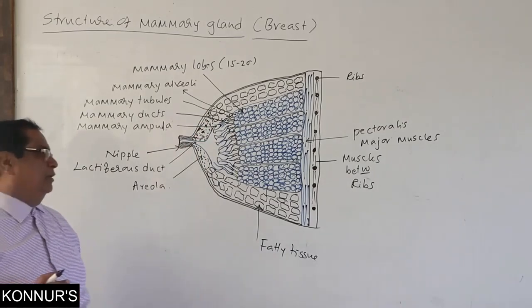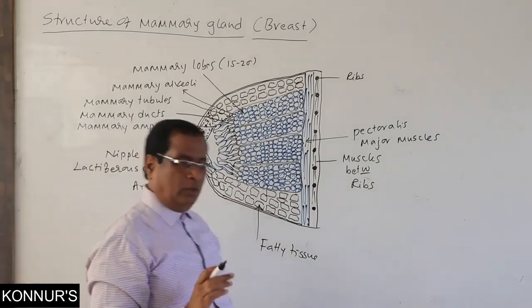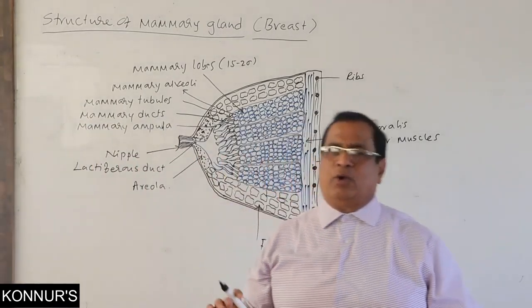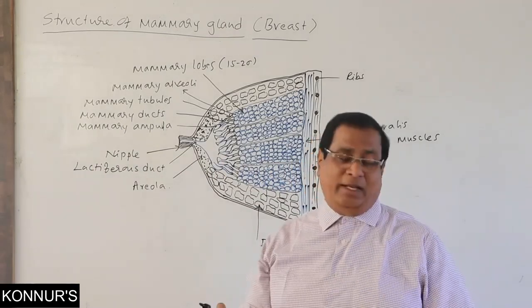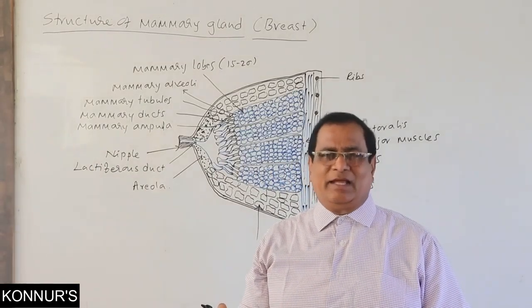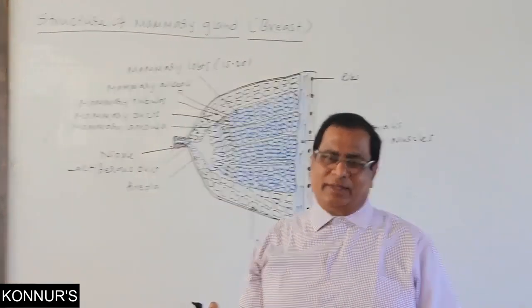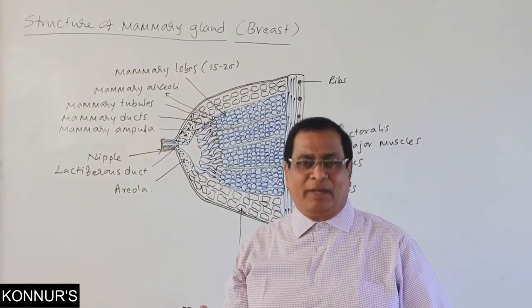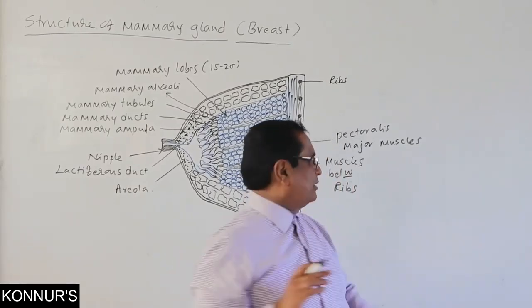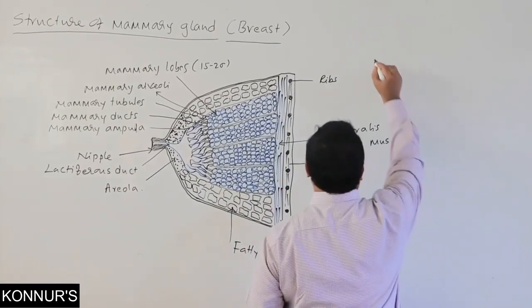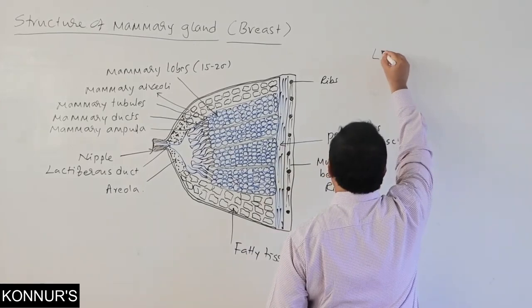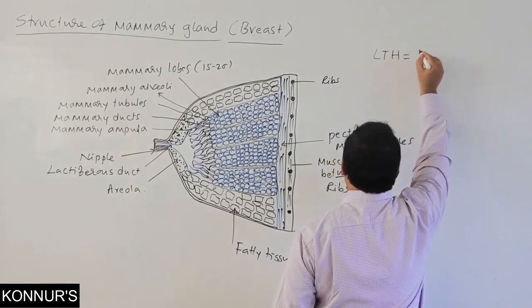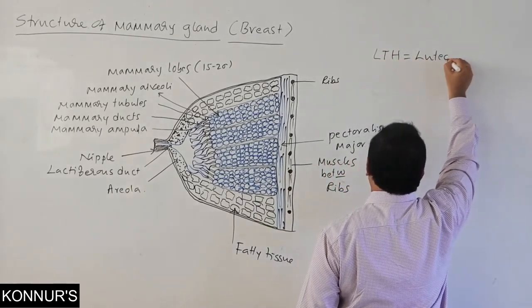And then, as far as milk production in these mammary glands, it takes place after childbirth. The milk production in mammary glands is under the control of one hormone, that is LTH, luteotropic hormone.